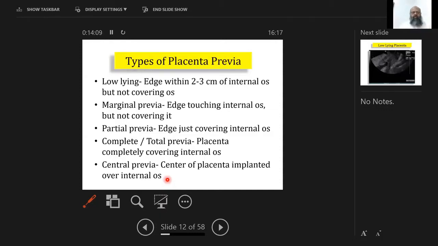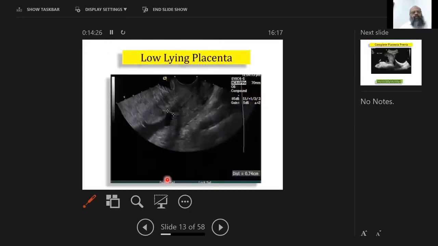So we have low-lying placenta, then marginal placenta, then partial previa. Then we have complete previa, and complete previa can be of two types: the central or symmetrical, and the other is asymmetrical or acentral.